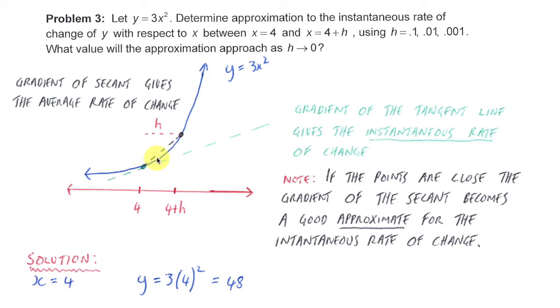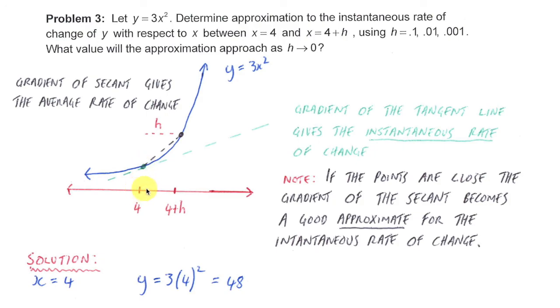Then you can imagine that the gradient of that line would be extremely close to the gradient of the tangent line, and therefore the gradient of that smaller line that I just described before would be a very close approximation for the instantaneous rate of change at x = 4 for the function y = 3x². And that's the whole idea behind it.